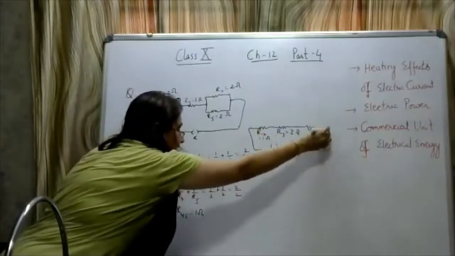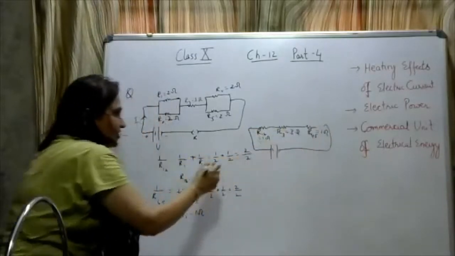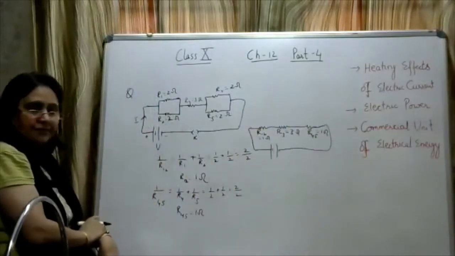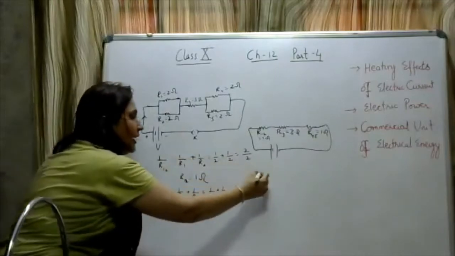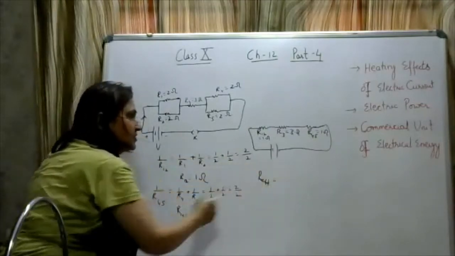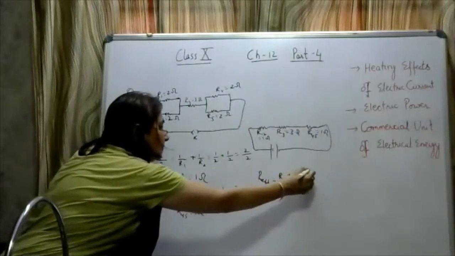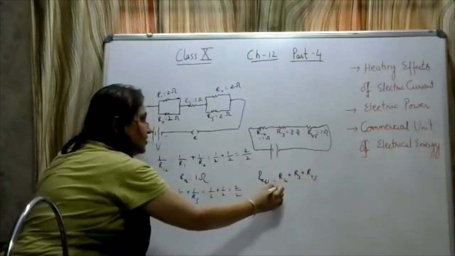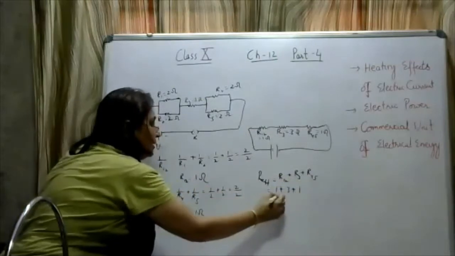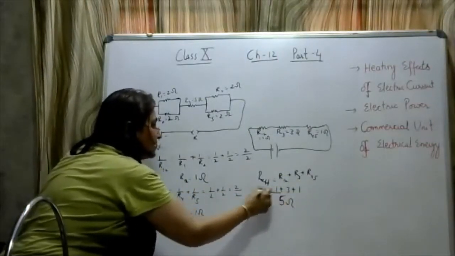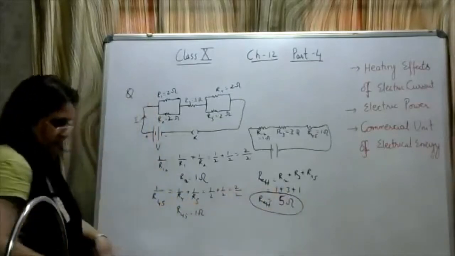Now you can see that all these three resistances, R12, R3 and R45 are connected in series. So hence the effective resistance is equal to the sum of all these three, and hence is equal to 1 plus 3 plus 1, that is 5 ohm. So the effective resistance is 5 ohm.